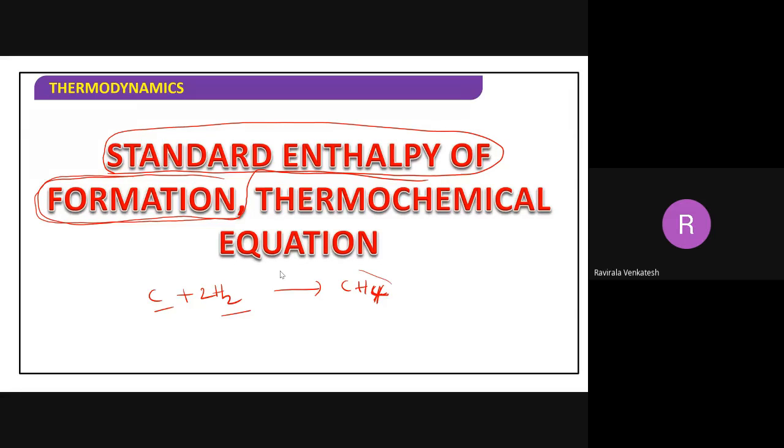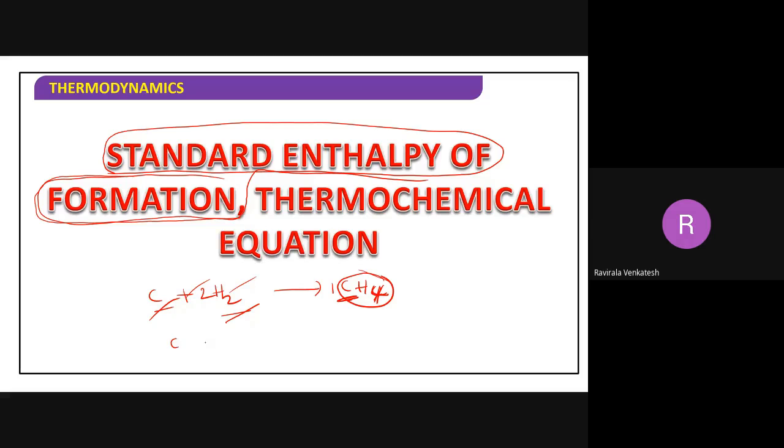So the change in the enthalpy when 1 mole of a compound is formed from its constituent elements, which are nothing but carbon and hydrogen. That enthalpy change at standard conditions is called the standard enthalpy of formation.